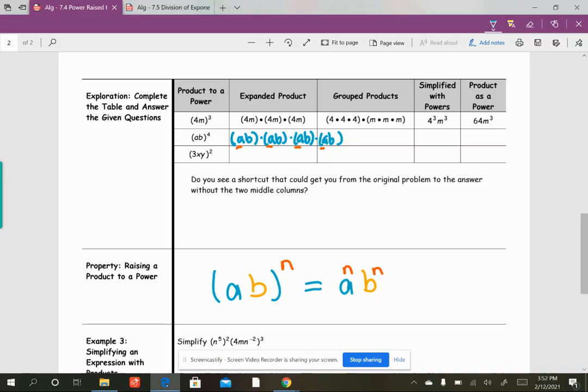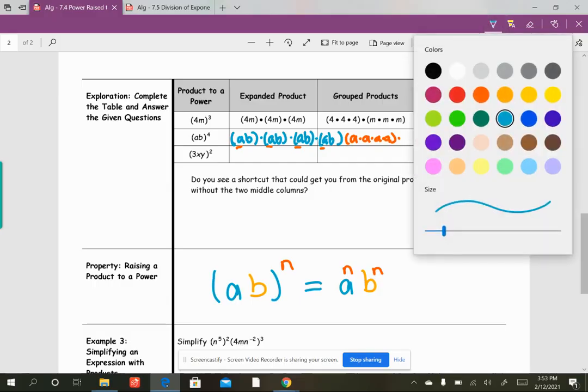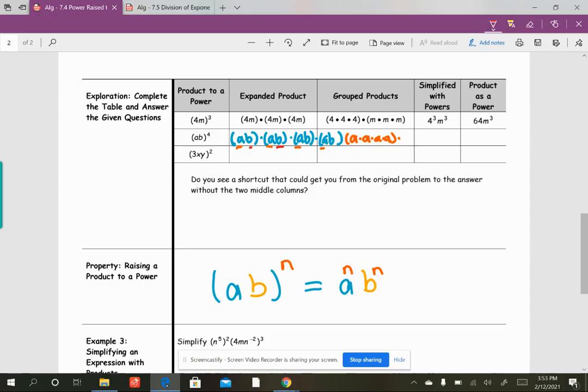So think of the a's that you have: a times a times a times a, which is going to be multiplied by b times b times b times b.